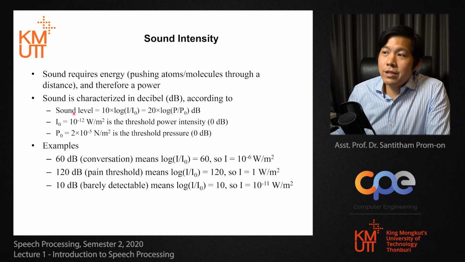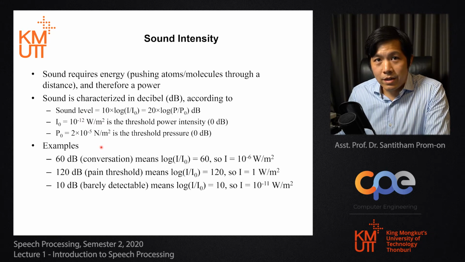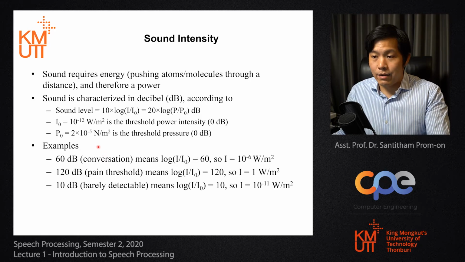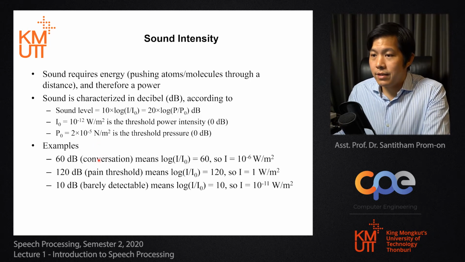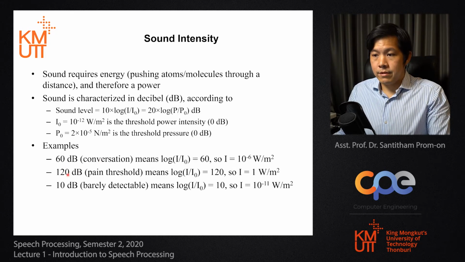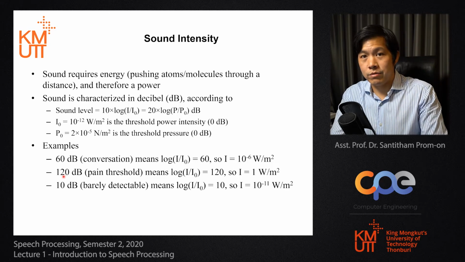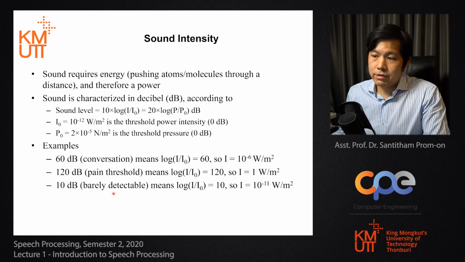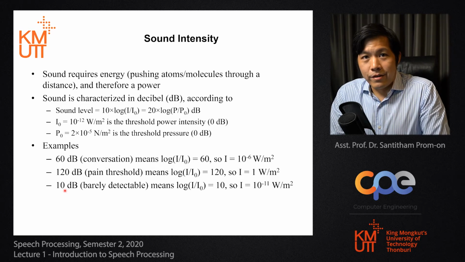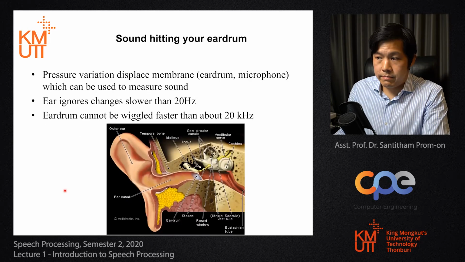We will not be dealing with sound intensity by ourselves here, because the course is about speech, human spoken sounds. This is general acoustics. Conversational level is about 60 decibels. 120 is pain level, which you may be exposed to at a concert. 10 decibels is barely detectable, hardly found in real life. So conversation is about 60 decibels.